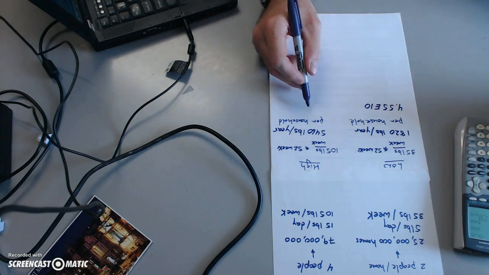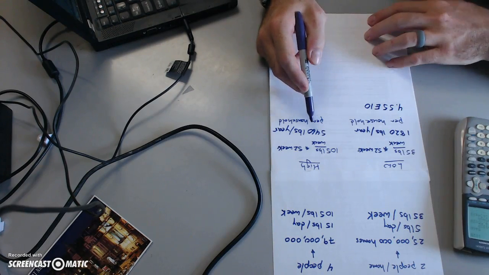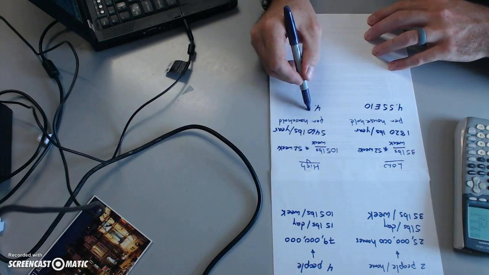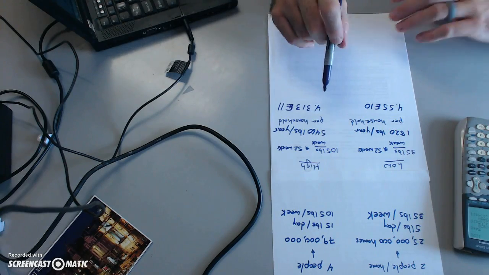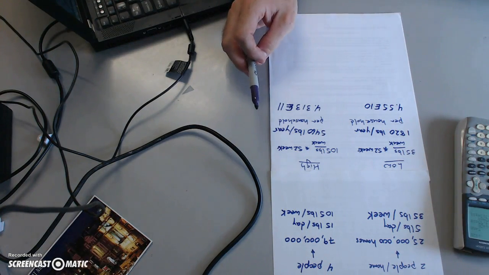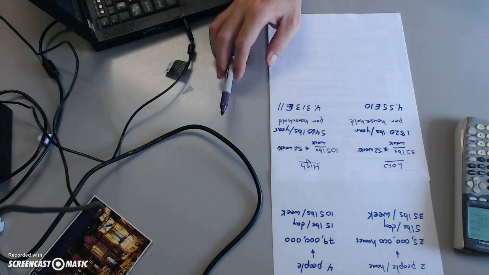If I do the other multiplication, which is 79 million times 5,460, my calculator gives me this number. If you're not familiar with what these things mean, we are going to talk about them in class. Let's talk about them just for a minute now.